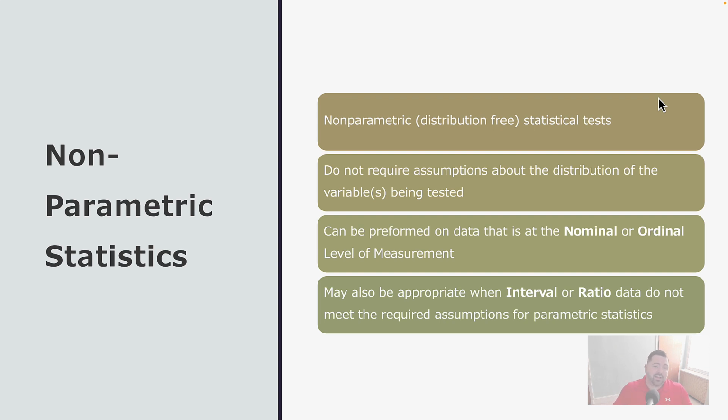And so a lot of the basic assumptions that we talked about are only relevant to parametric statistical procedures. And if the data is mismatched, non-parametric procedures are nice because they sort of salvage and provide a backup for the parametric procedures, because they do not require the same stringent requirements when it comes to basic assumptions. And so you can use nominal or ordinal level of data, whereas parametric tests are most appropriate for interval and ratio data, but it does not have to be in that way.